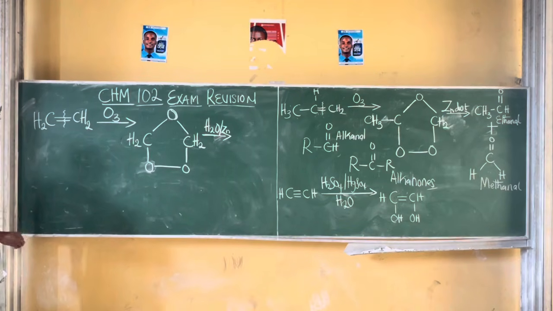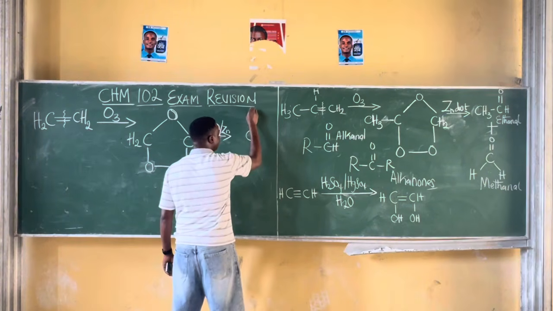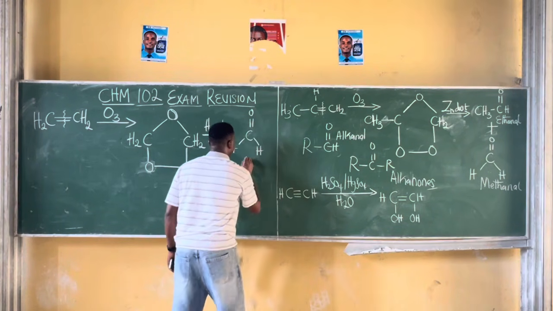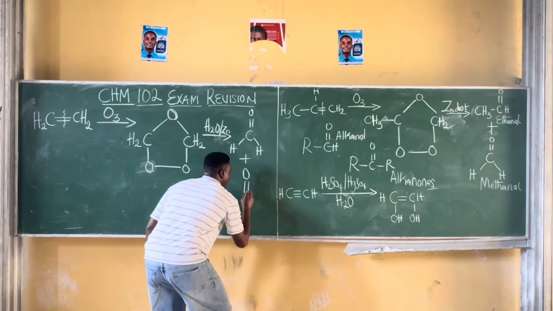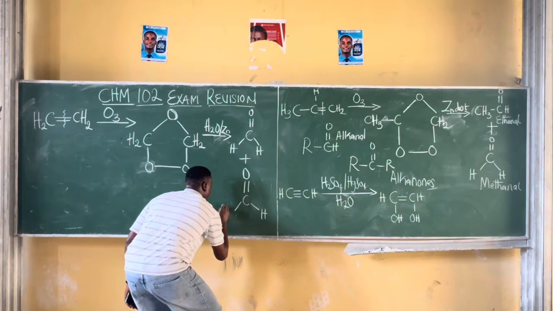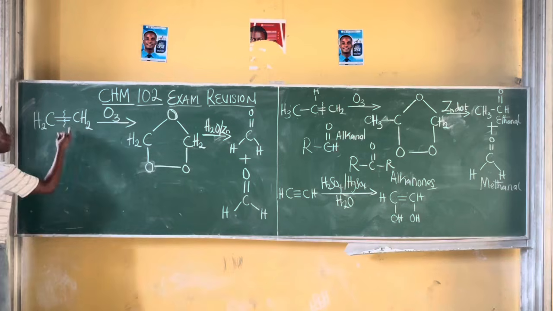Now, when you cleave it from here, look at what you're going to have. You're going to have this, and also this. So these are the two products you're going to have.